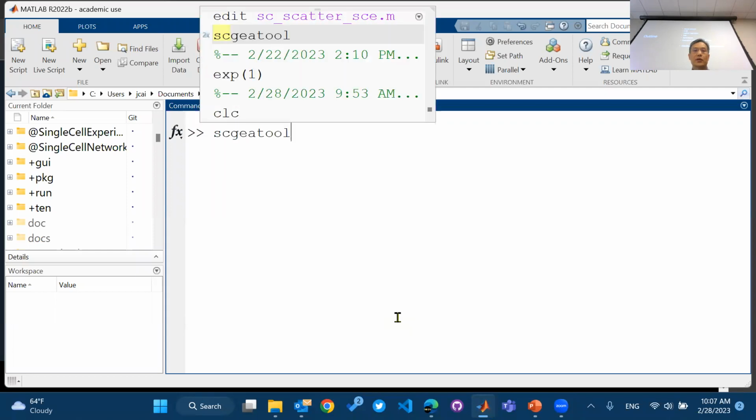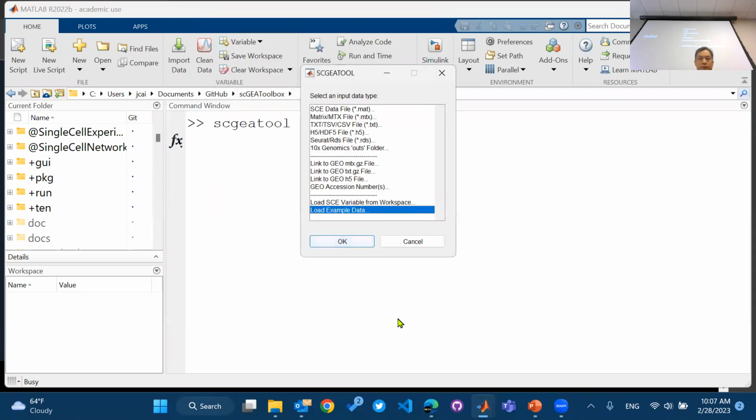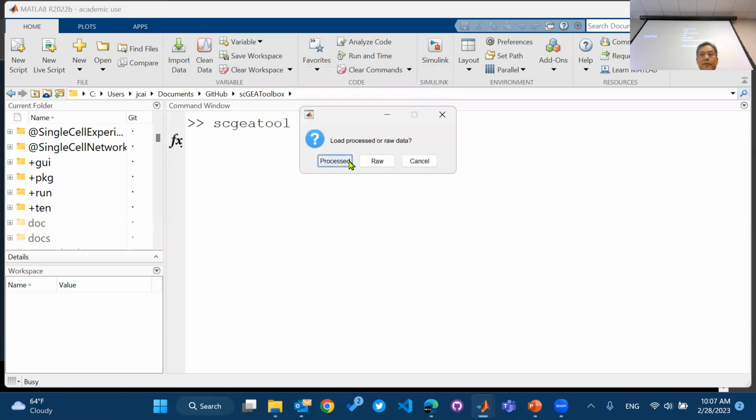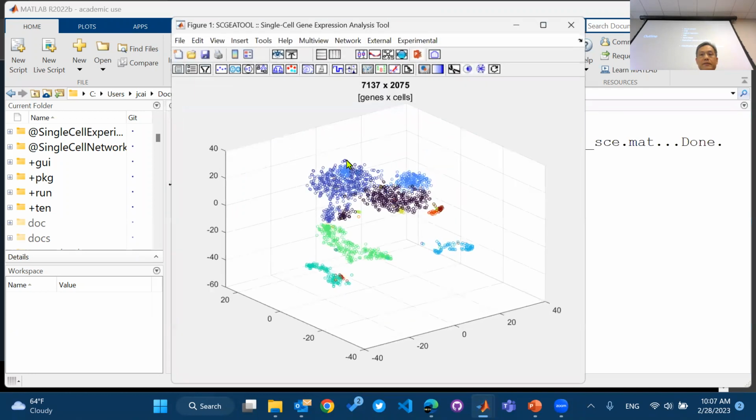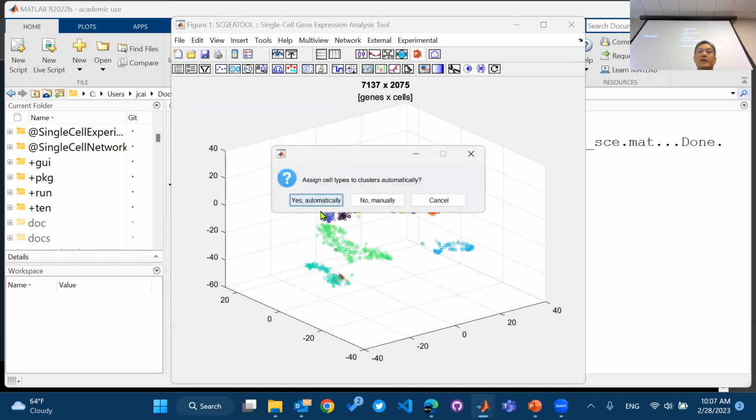Okay, I will jump to what we have in this tool. Remember, assume we haven't done this cell type identification. We can do automatic cell type identification, and you tried this, and the labels pop up and give each individual cluster a name.